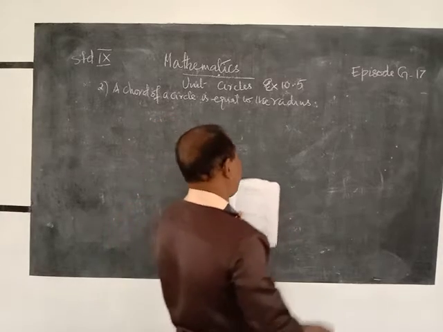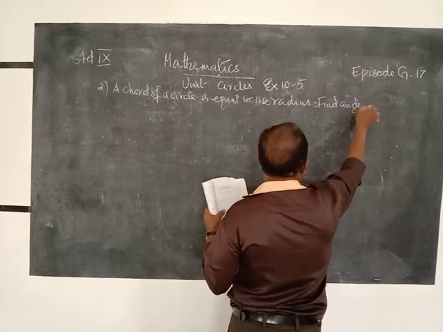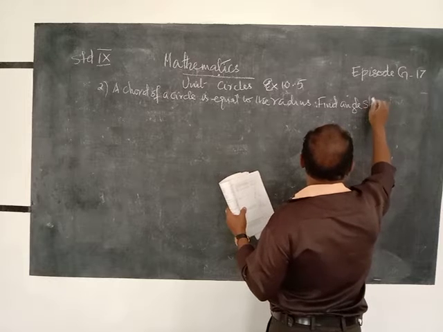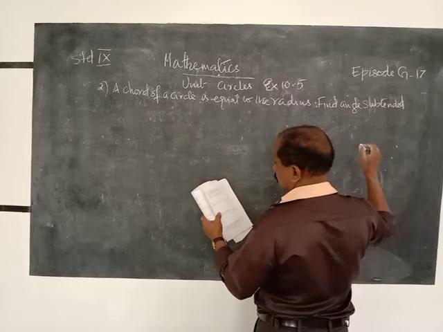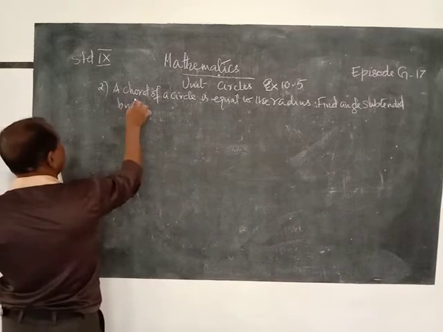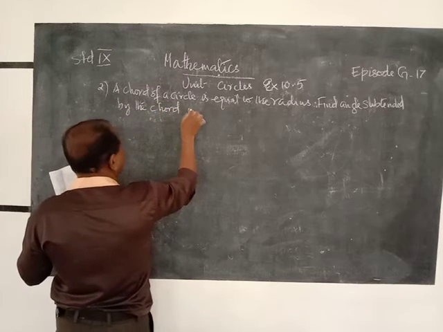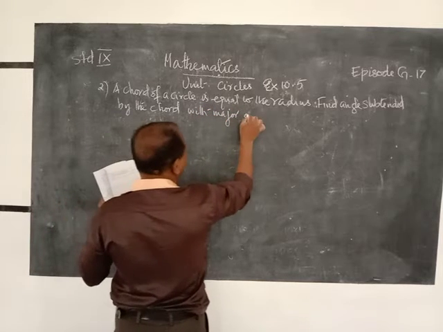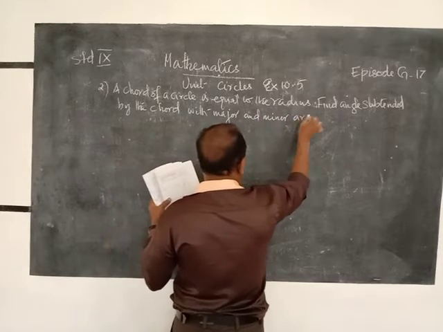Find the angle subtended by the chord with major and minor arcs.